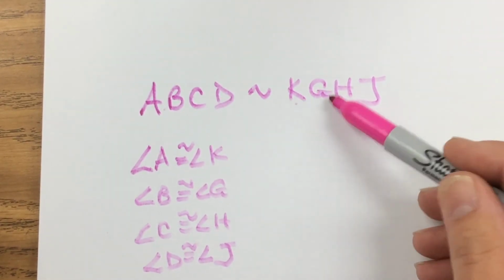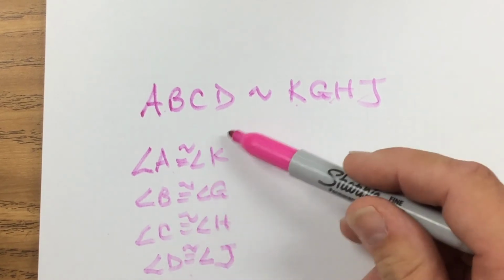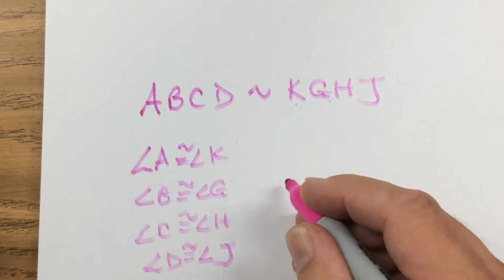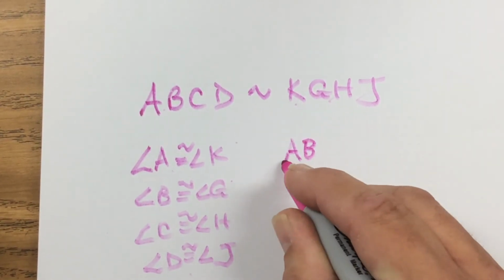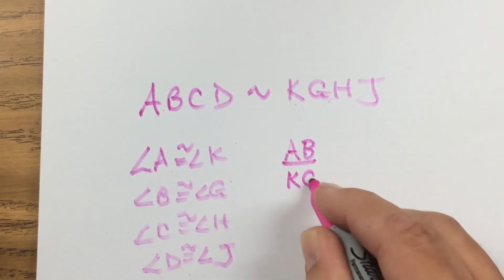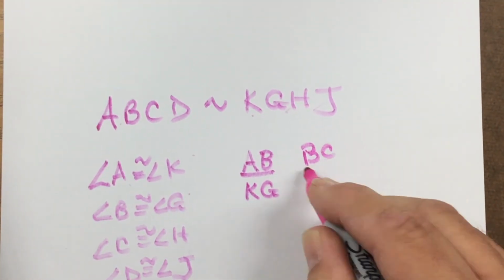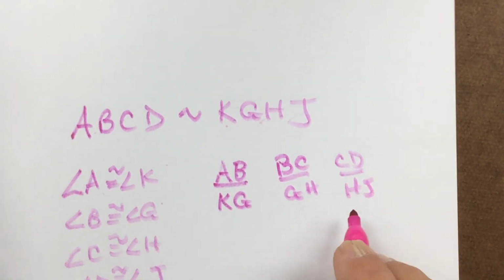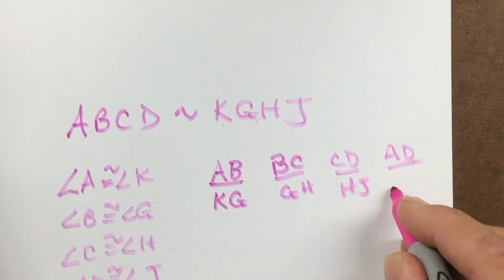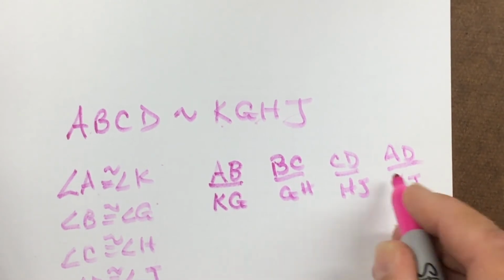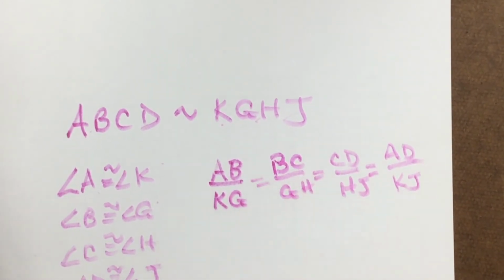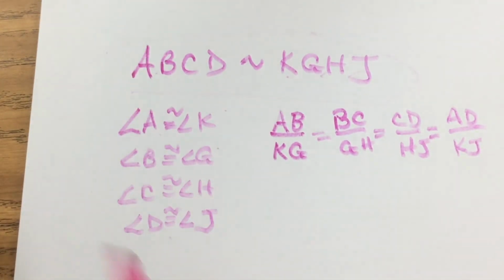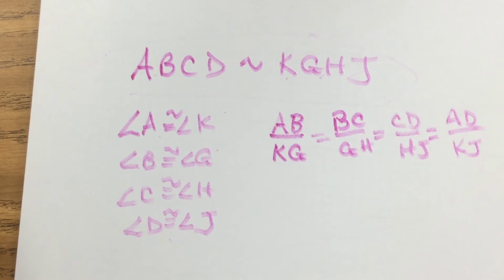ABCD, KGHJ. The other thing that I know is that the sides that are corresponding, AB and KG, BC and GH, CD and HJ, and then the last one, which would be AD and KJ, all of those ratios have to be equal to each other. This, right here, is what this says, without even looking at the picture.